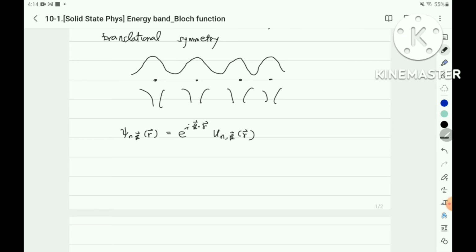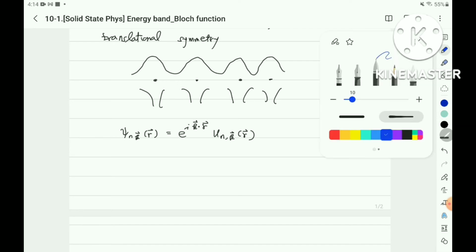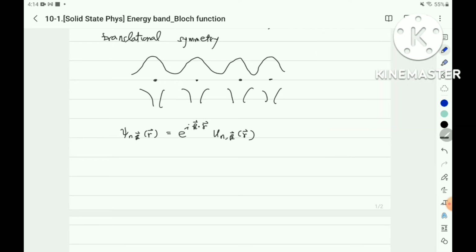It is very important because this exponential function represents a plane wave, because e^(ik·r) represents cosine plus i sine. Therefore, it is a periodic plane wave, an extended state. And also here the u function is the wave function near the atoms.